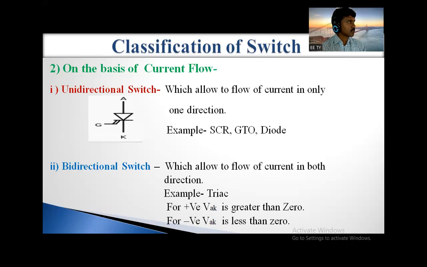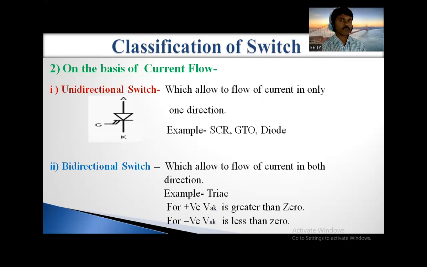On the basis of flow of current, the switches have been classified into two types: unidirectional and bidirectional. If current is flowing in one direction, that switch is called unidirectional.